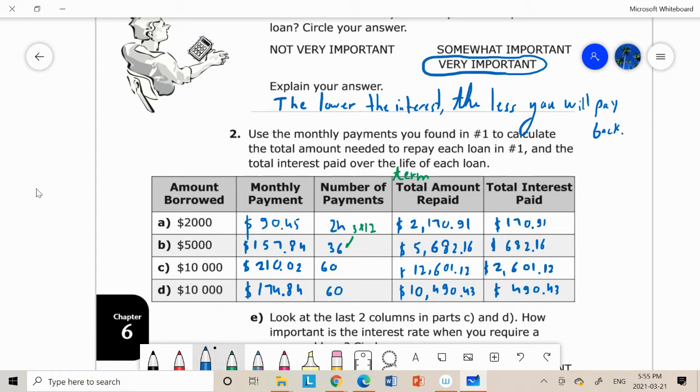And again, to calculate that, we took 10,490.43, subtracted from that the amount borrowed. That's how we got 490.43.